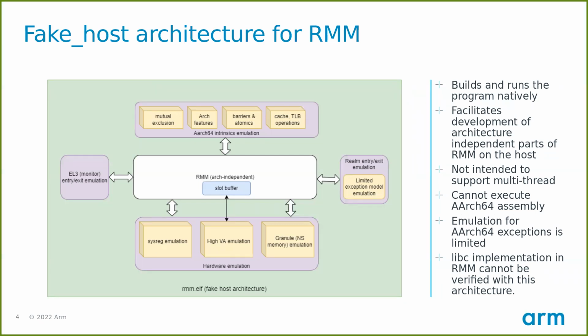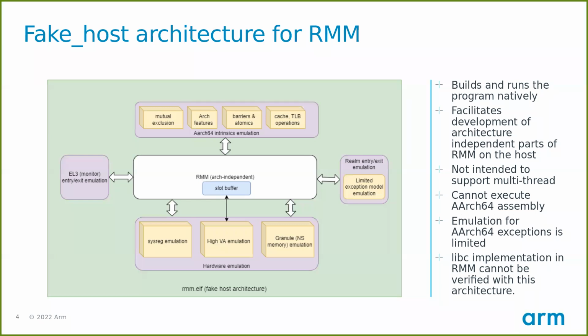For instance, the fake host architecture can be used primarily for the unit test framework, but it can also be run as is without any unit test framework. In that case, we will use different sets of callbacks or hooks to emulate different parts of the AArch64 architecture.